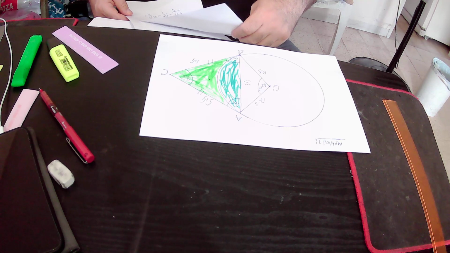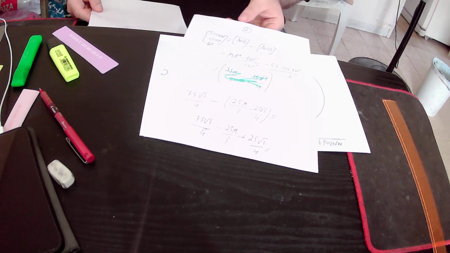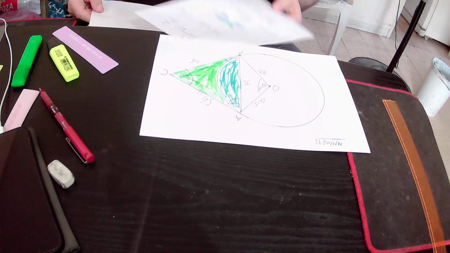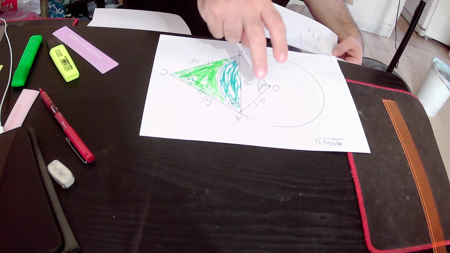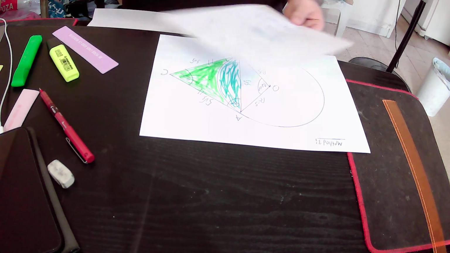Okay, and what is the area of sector AOB? The area of sector AOB equals the area of the circle times 120 degrees over 360 degrees, and the area of triangle AOB equals 5 times 5 times sine 120 degrees over 2.